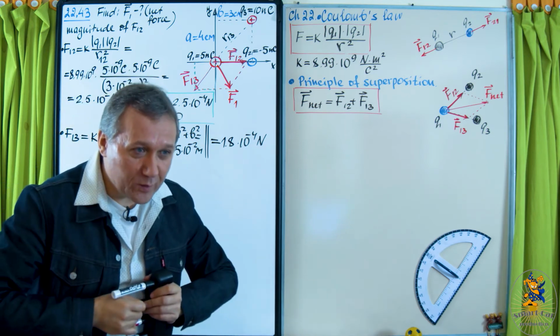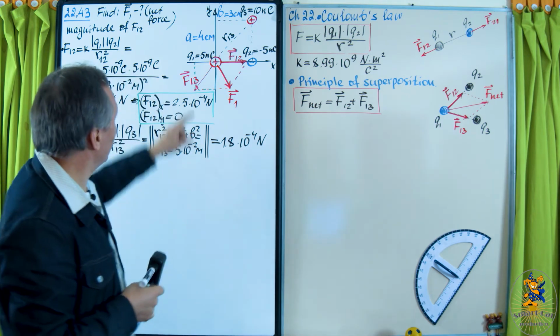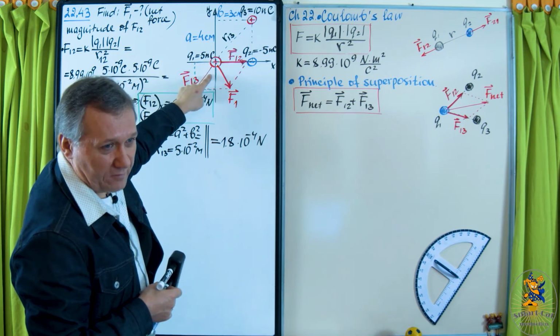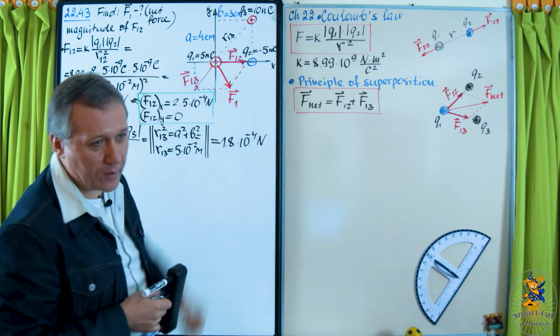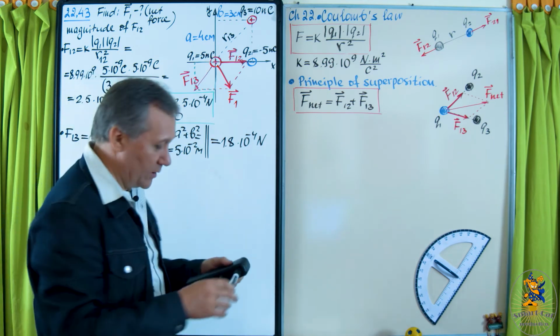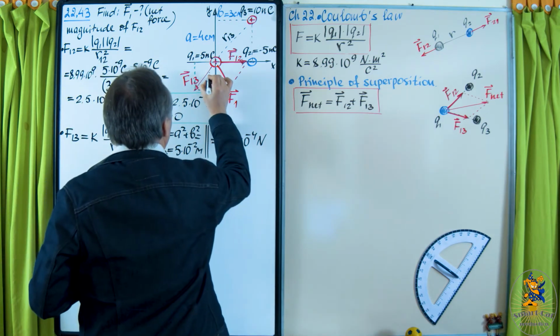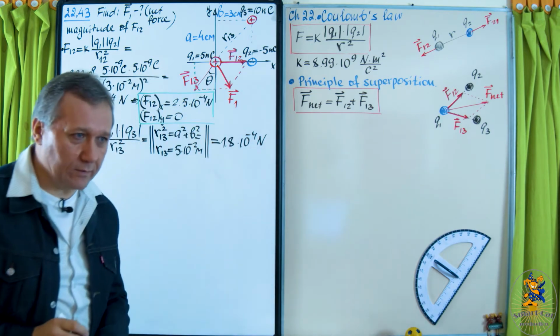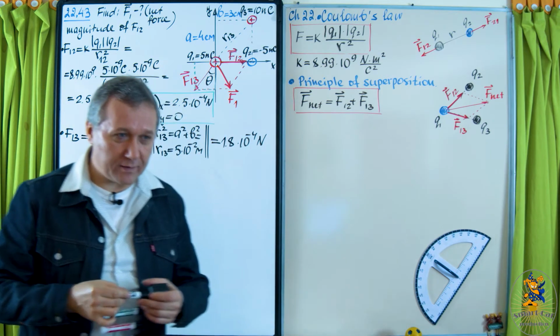So in order to find those, we need to know either this angle or this angle. It's up to you. Or both of them are great. But in my notes, I decided to use this angle, theta. It's not given, but we should be able to find it.